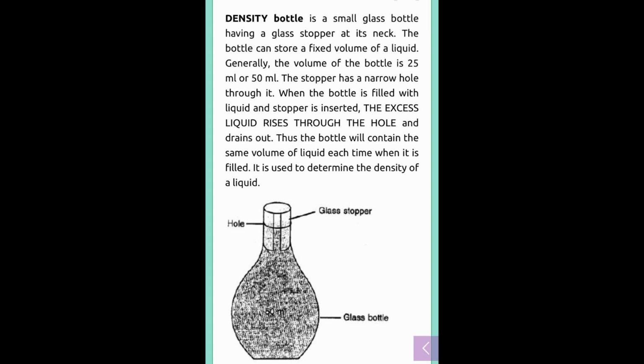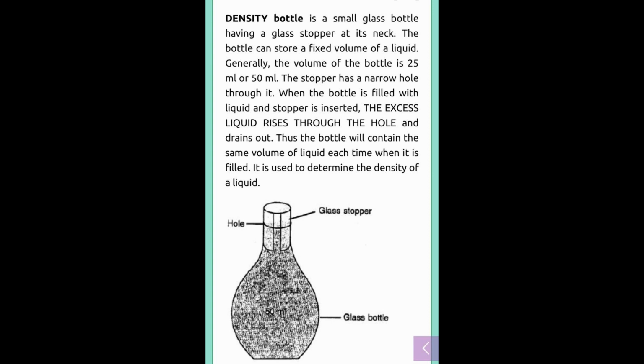If it is 25 ml density bottle, then the volume of the water inside will be 25 ml, or if it's a 50 ml bottle, then the volume of the liquid will be 50 ml. So we can use this density bottle to find out the volume of the liquid.